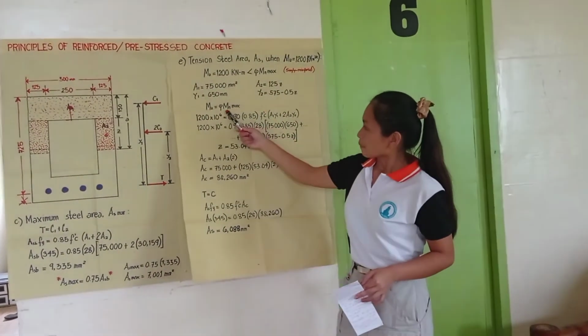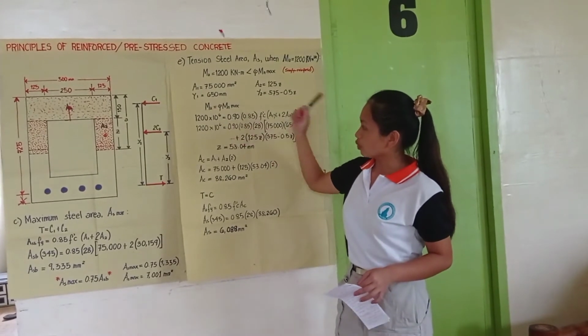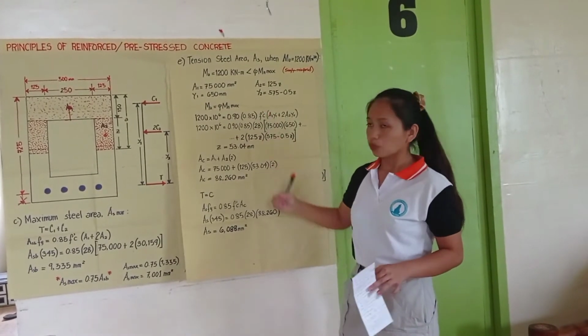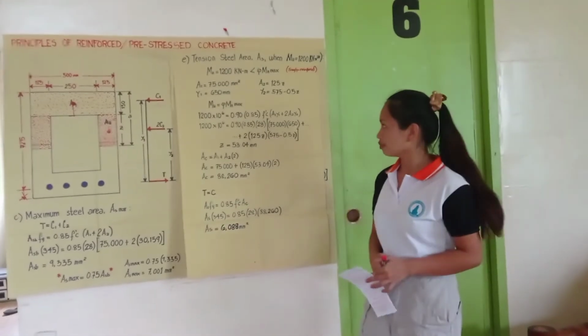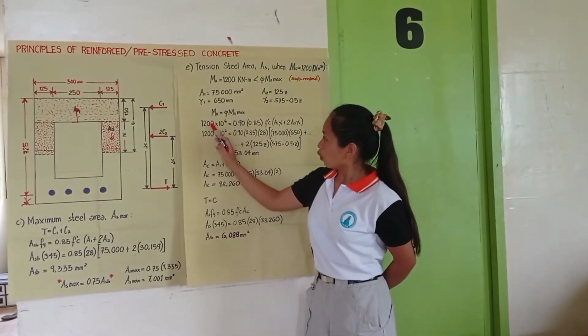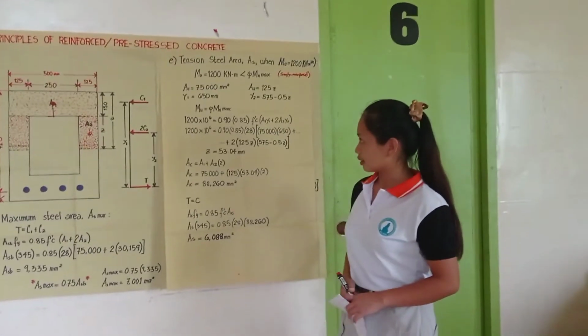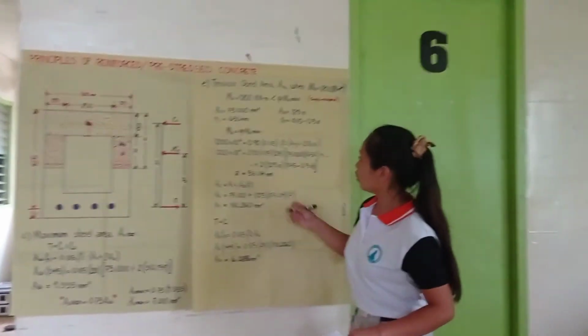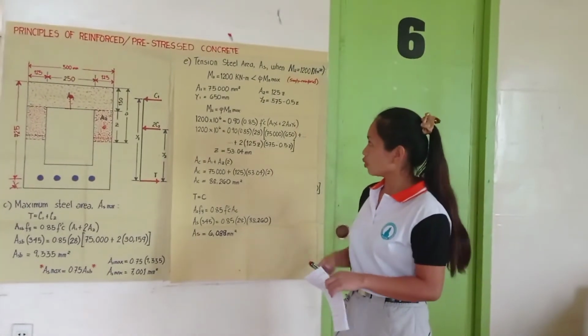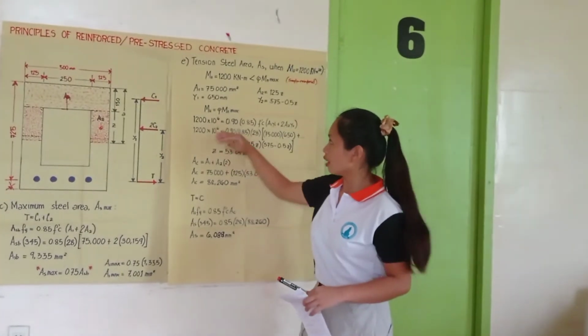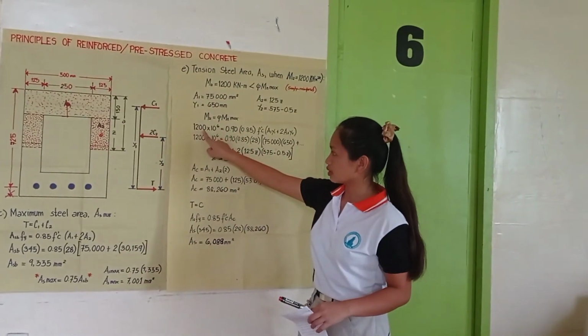So the formula is Mu equal to phi Mn max. We will substitute the values in that formula. Since our Mn max is 0.90 times this extraction of the equation, we will only substitute for our required Mu, that is 1,200.